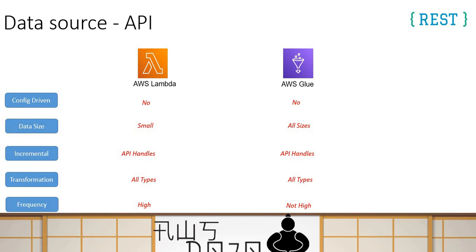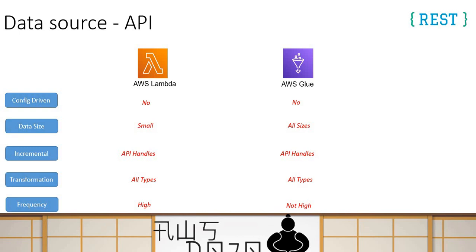Again, for the Glue job, you have to write code because there is no connector or configuration-driven approach when you're trying to bring data from an API. So you write code similar to Lambda function, but here you can handle all types of data sizes and all types of transformation. And to be honest, size doesn't matter much here because, as I told you, APIs are generally not designed to ingest large amounts of data.